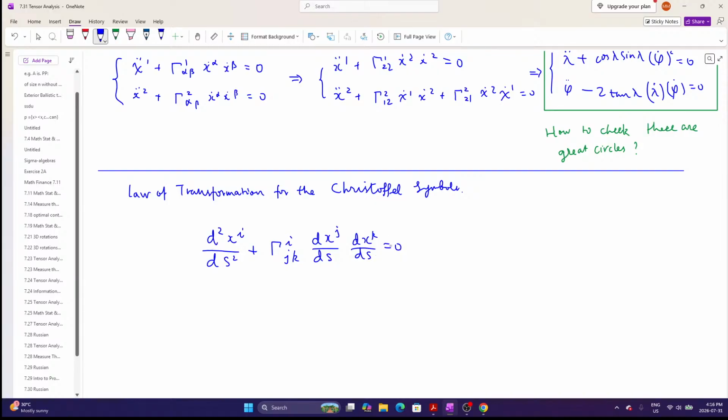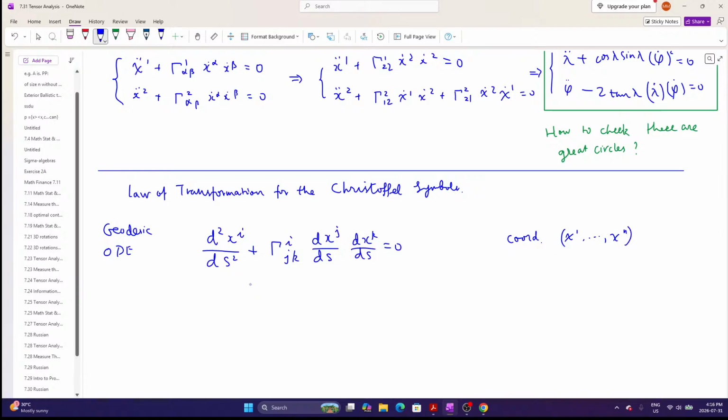So this is the geodesic ODE, and of course here we are using the coordinate system x1 all the way to xn.